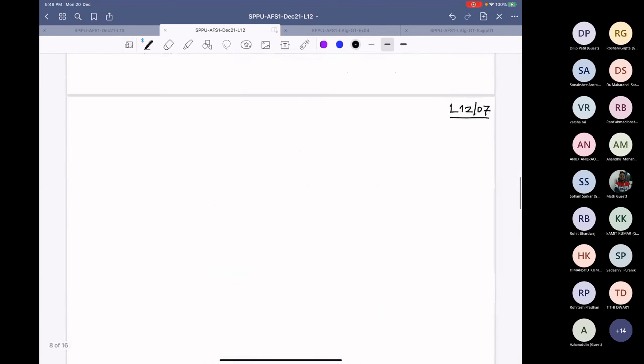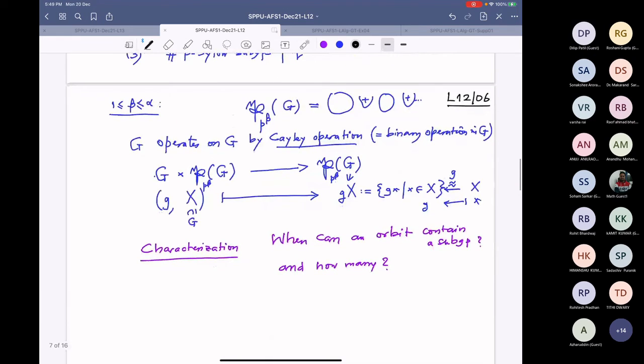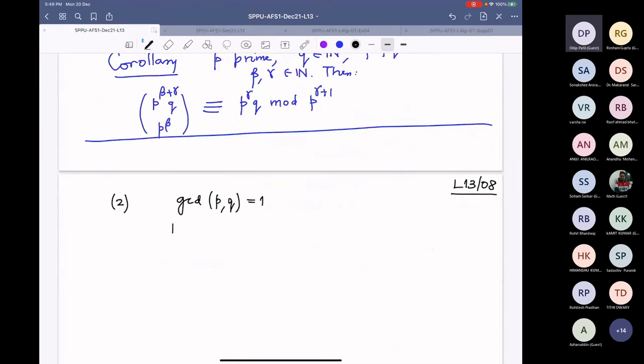So start with two subgroups H and H prime. The cardinality of H is p power alpha, and the cardinality of H prime is p power beta, and alpha is bigger or equal to beta. That is given.